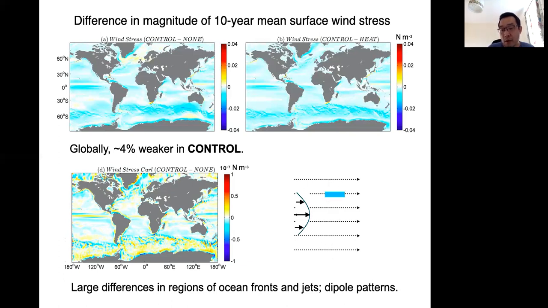That means it will lead to a negative wind stress curl on the northern side of the jet and a positive wind stress curl on the southern side of the jet. In some ways, the wind stress curl should be in the opposite direction to the curl of the current. So the curl of the current here is positive, and then the associated wind stress curl will be negative. So that's the wind stress field. Overall, the difference is relatively small.